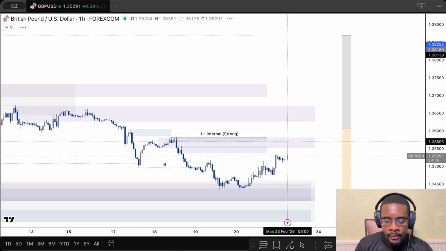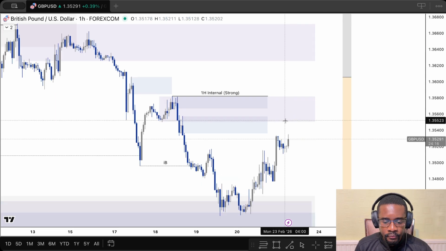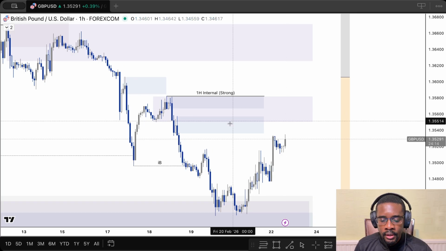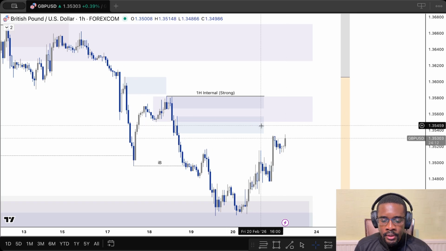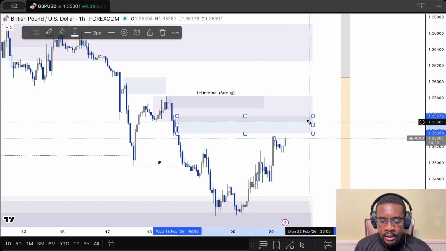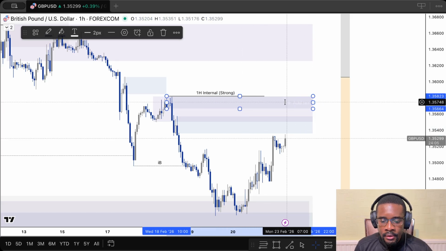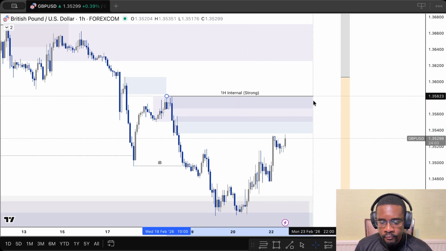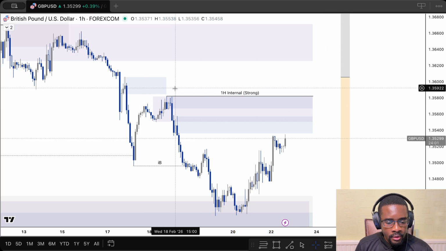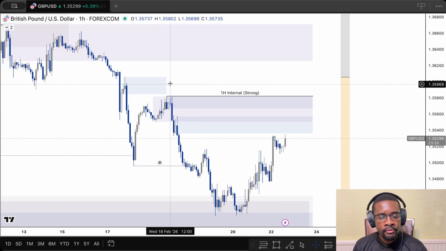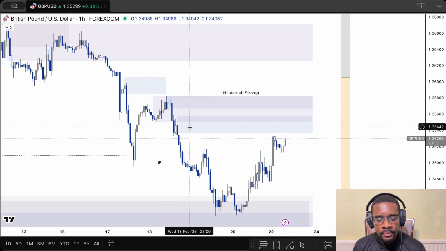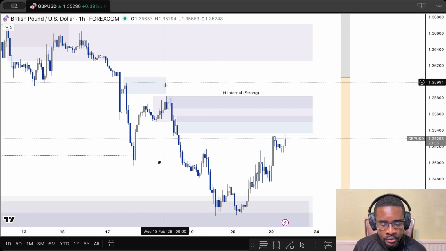So looking at the 1 hour, we do have the supply at the proximal of this 4-hour area, and then we have all these areas of supply at the top.